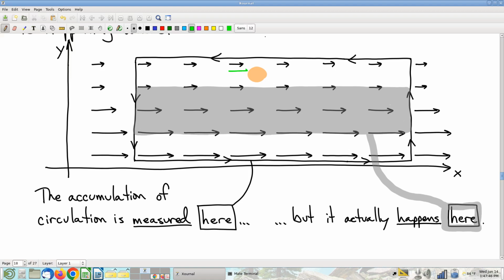It's being pushed on its left and on its right the same amount. I wouldn't expect this leaf to be rotating as it goes down the river. That leaf would probably just be translating, just kind of sliding right along.